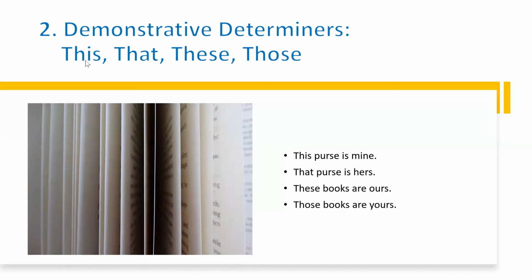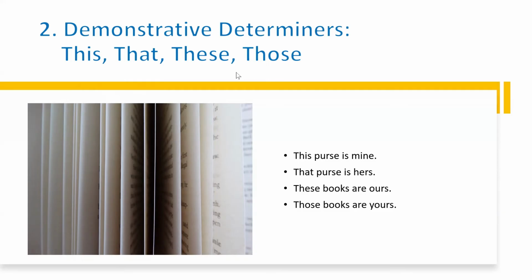This is used for a nearby object or person or thing, like you can stretch your arm and touch. In that situation, use this. And when something is a little bit away, you are stretching your arm and you're not able to touch, then use that. But for singular use only.